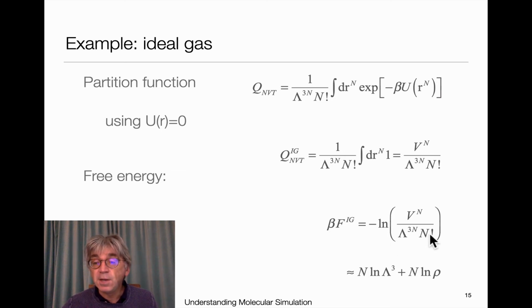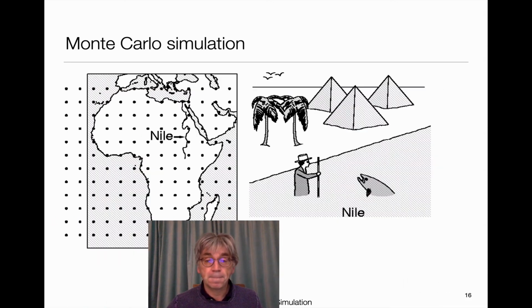And if n is very large, that minus n can be ignored, and then we get V over N, which is 1 over the density, but then you have the minus sign that makes this one here, this minus sign, a plus. So this is an expression for the free energy as a function of the density, and since the free energy is extensive, it depends on the number of particles as well.